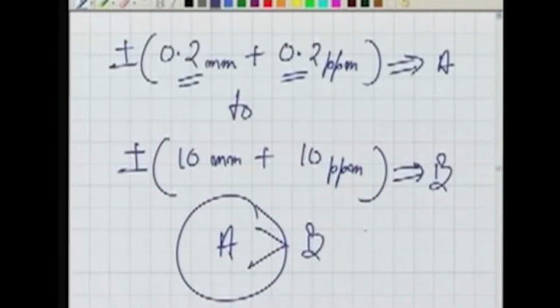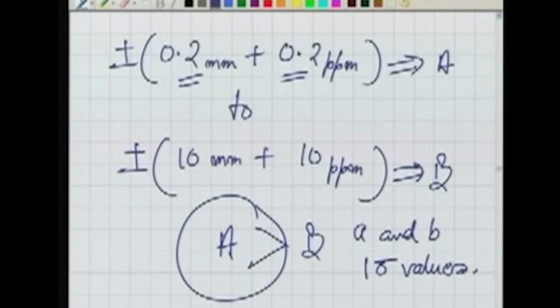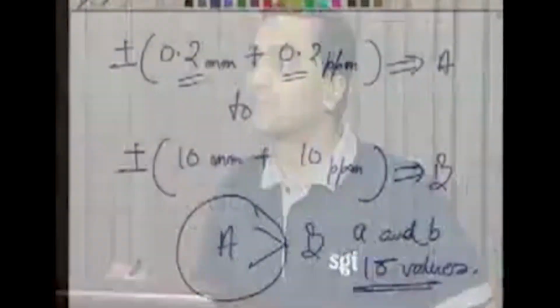Now what are A and B? They are basically the 1 sigma values. We have discussed this already when we were talking about the errors in surveying. We said that many times we use the standard deviation to talk about the error in the instrument. So these are the 1 sigma values.